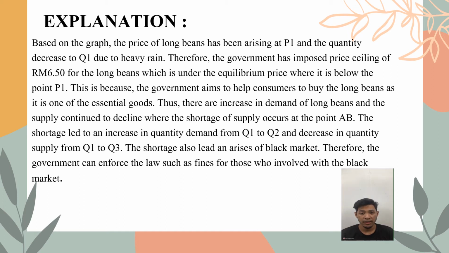The shortage leads to an increase in quantity demanded from Q1 to Q2 and a decrease in quantity supplied from Q1 to Q3. The shortage also leads to a rise of the black market. Therefore, the government can enforce the law, such as fines for those who are involved with the black market.